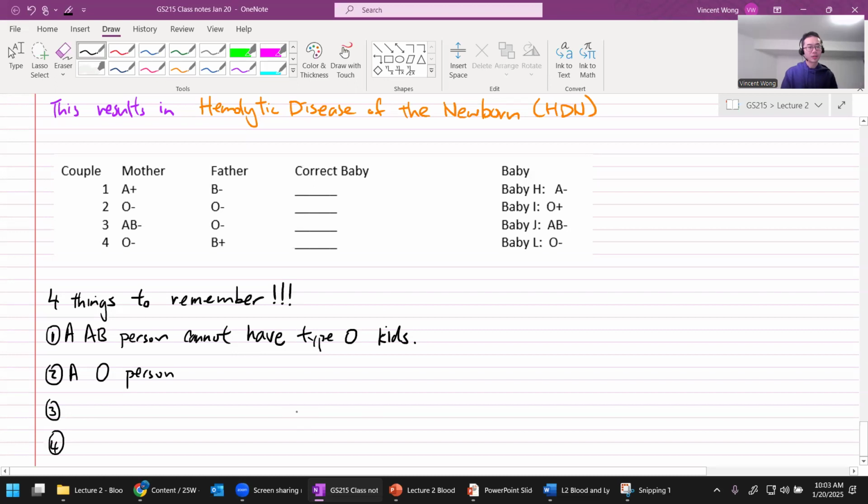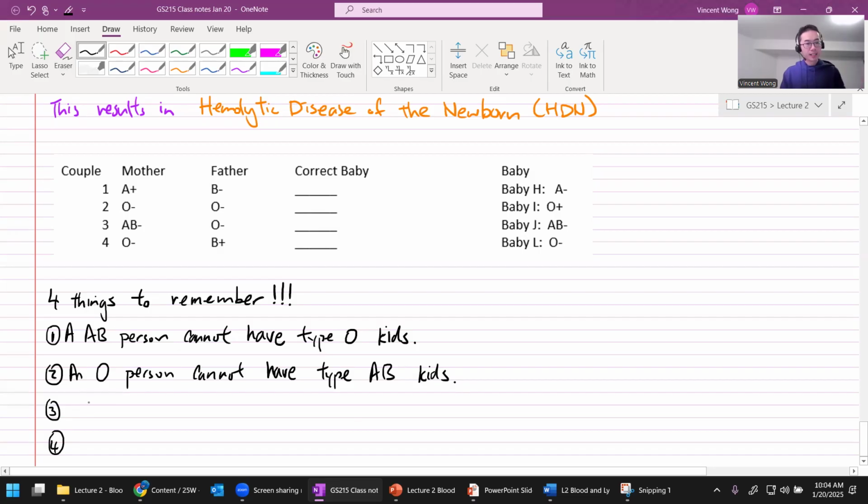An O person cannot have type AB kids. This is regardless of who you marry. Biological kids I'm talking about, obviously. If you're type O, you can only pass on little i. And for someone to be type AB, they need to receive I^A from one parent and I^B from the other.